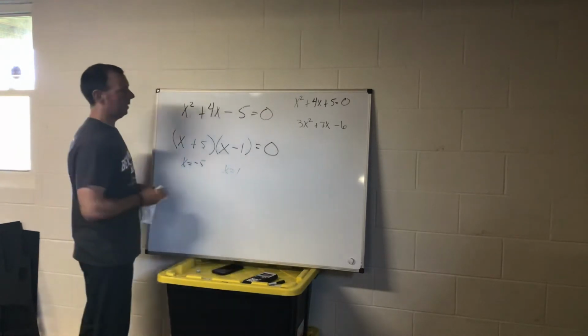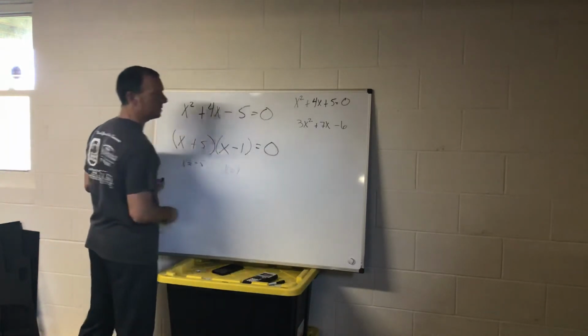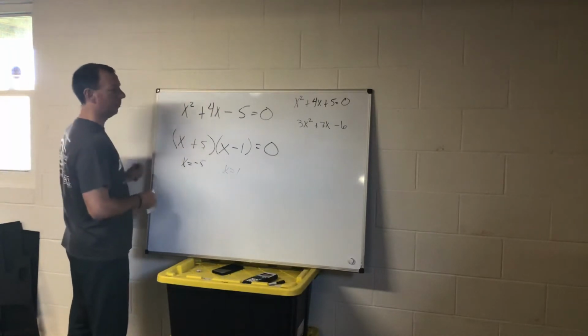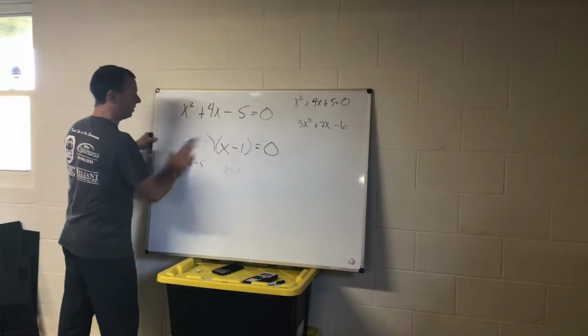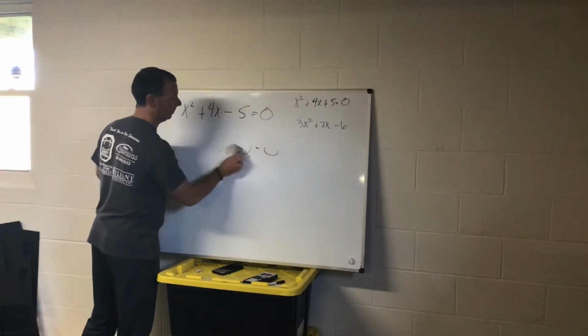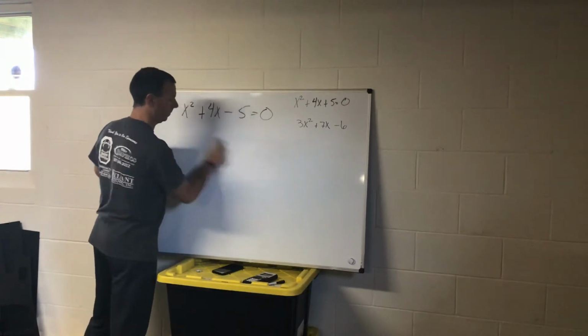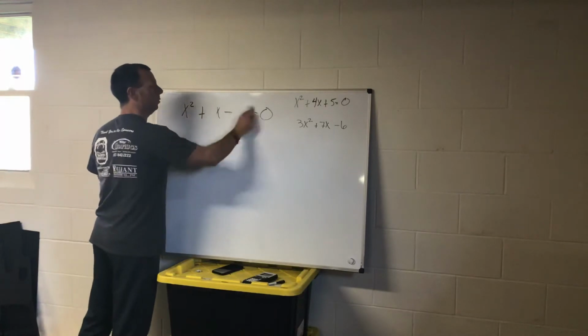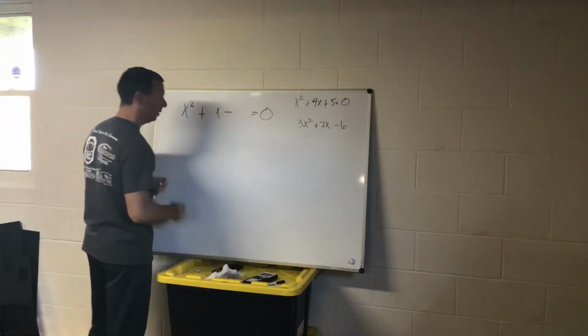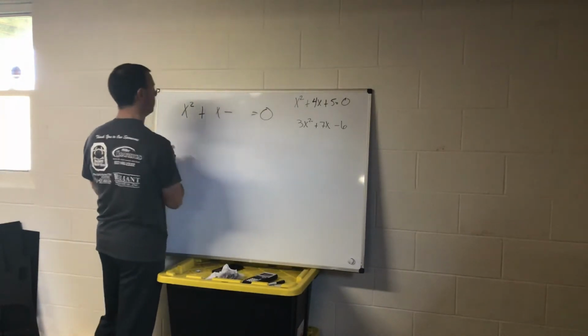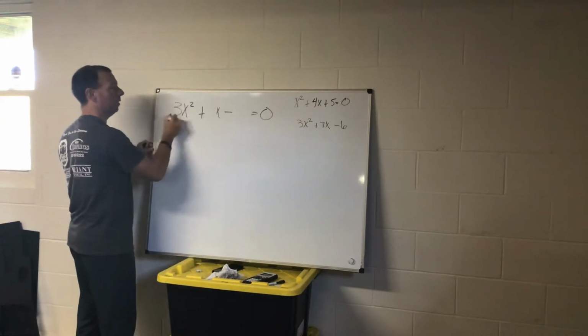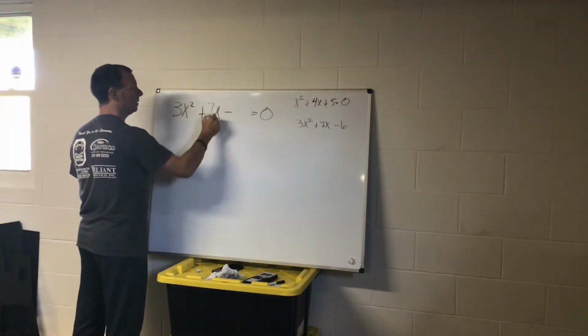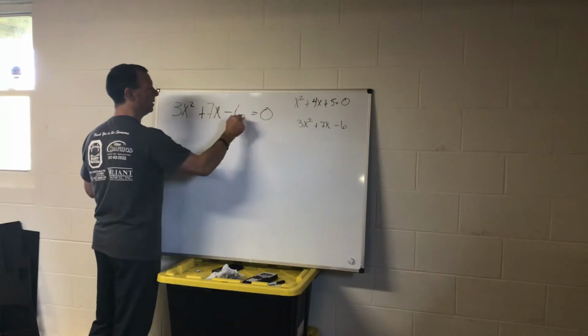All right? Now, my next example is going to be, what if we stick a number in front of this? So let's do one more here. I'm just going to replace these. So now this is a 3x squared, a 7x, and a -6.